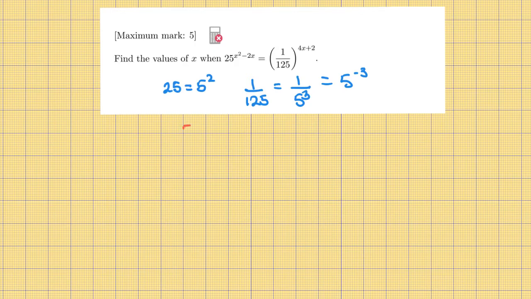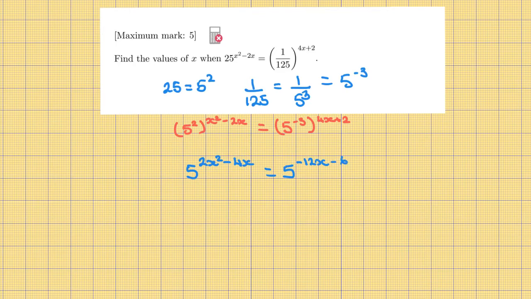I can now rewrite the equation in the same base. So I get 5 squared raised to the power of x squared minus 2x is equal to 5 to the minus 3 raised to the power of 4x plus 2. This is a power raised to a power, so multiply out. So you get 5 to the power of 2x squared minus 4x is equal to 5 to the power of minus 12x minus 6.